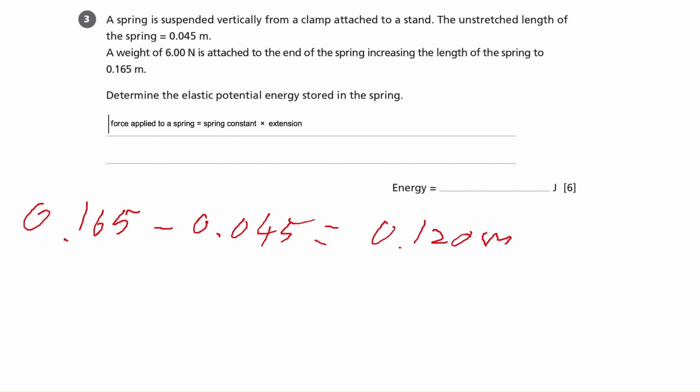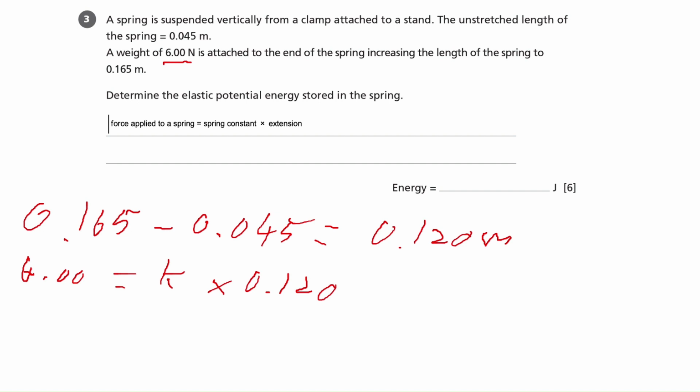Okay, so now we've got that extension, we're going to apply the force applied to the spring equation. So the force we can see there is 6.00 equals K, which is the spring constant, times the extension, which we've already calculated as 0.120.